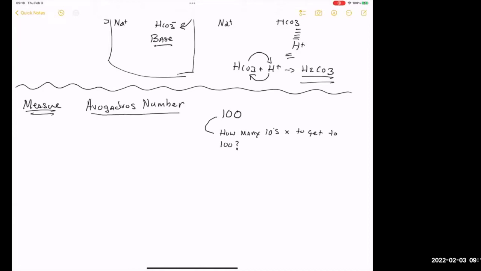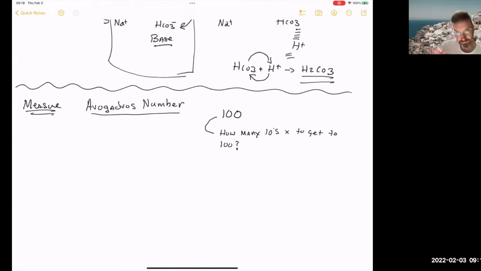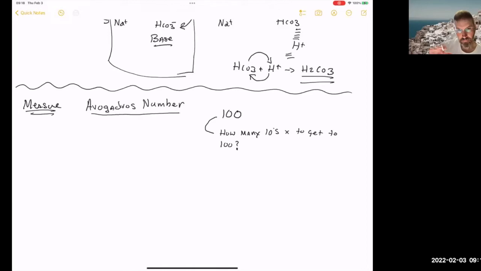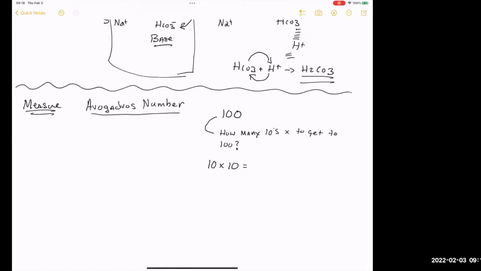Are you saying 2 tens? Yeah. So if I multiply, I need 10 times 10. So 10 multiplied by 10 equals what? 100.